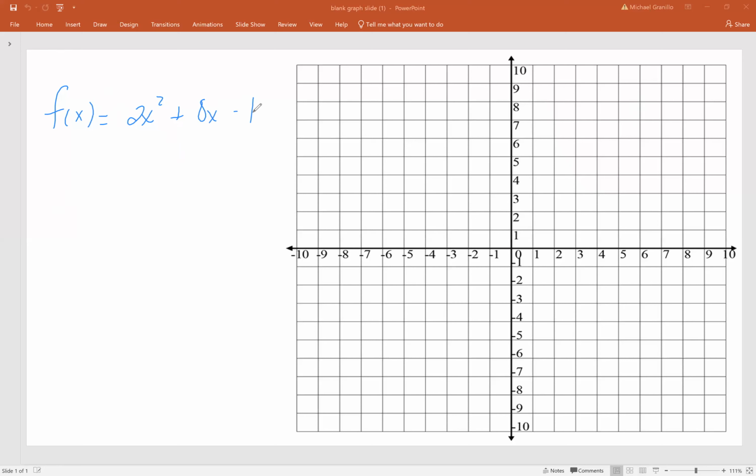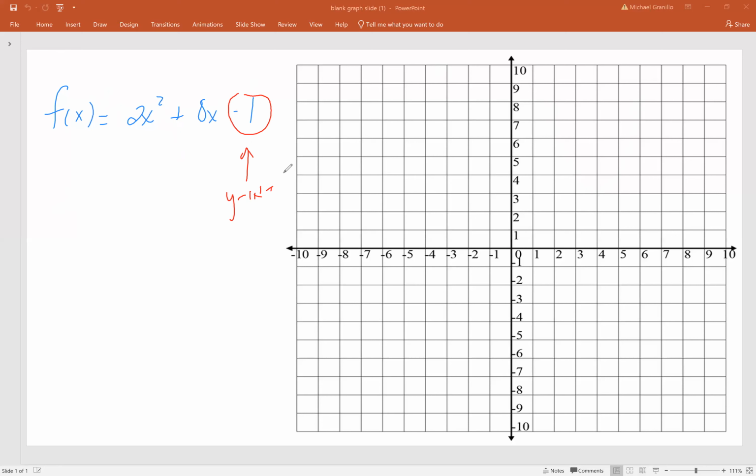Okay. Now, I'm going to start off with the easiest thing. Right here, that number is always the y-intercept. You don't have to do any figuring. Just c is always the y-intercept.